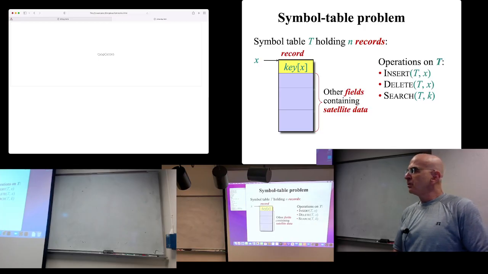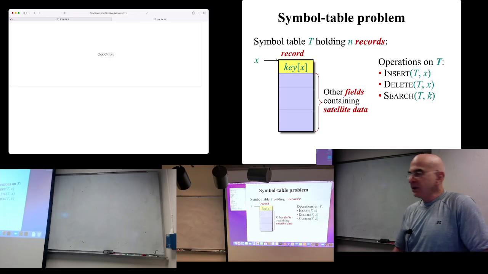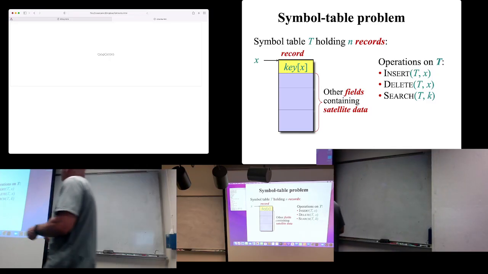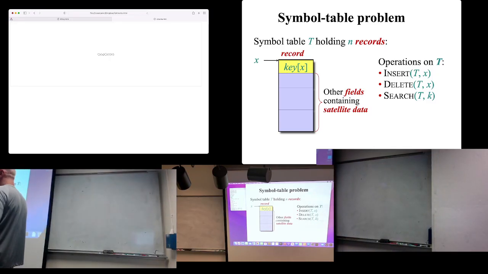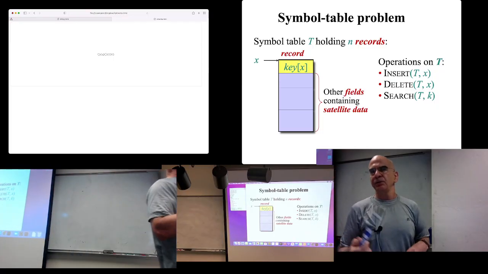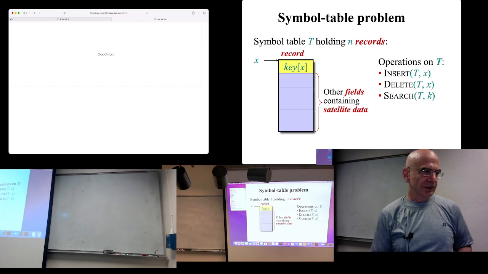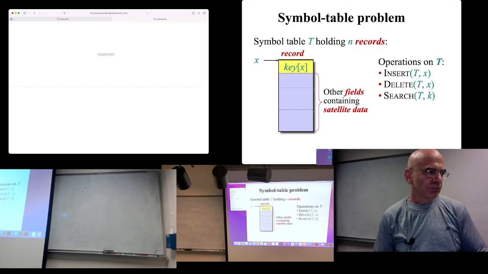But to cover whatever we are also covering in 445, in all our data structures, hashing included, we think about items of data that consist of a key and auxiliary data, satellite data, like student ID versus student name, student record, and so on. Okay.